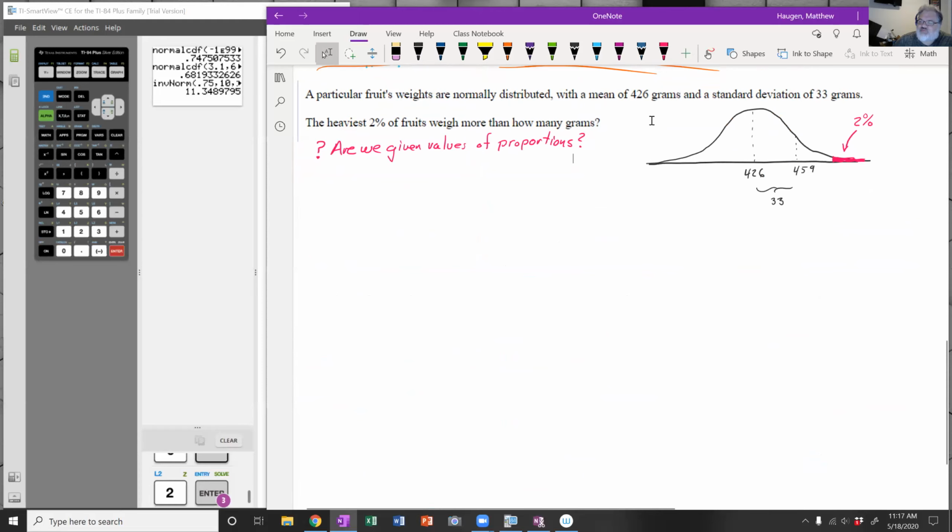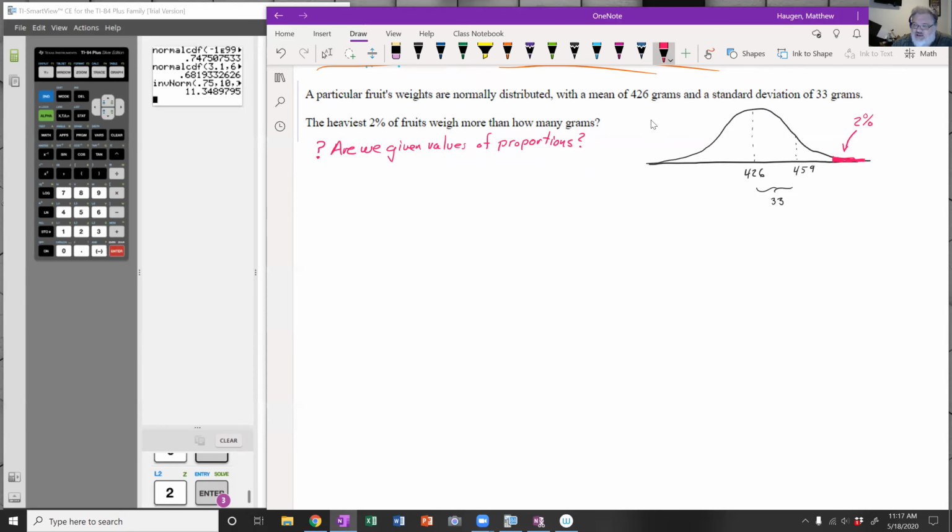So it's really important to start with that. It's the first thing you ask yourself. Read the question, make sure you understand what it's asking, try to draw a diagram, and identify, have we been given values for our data, or have we been given a proportion for our data?